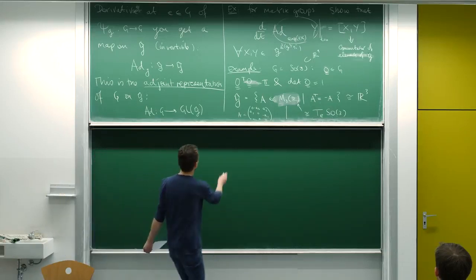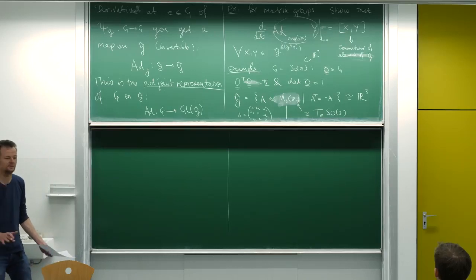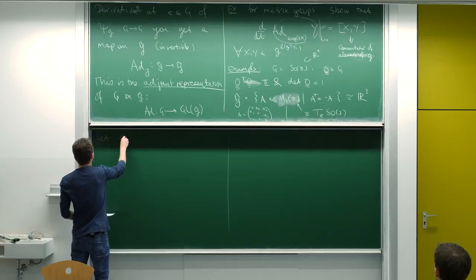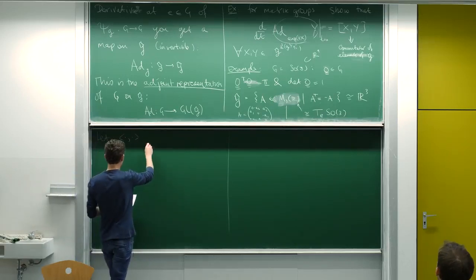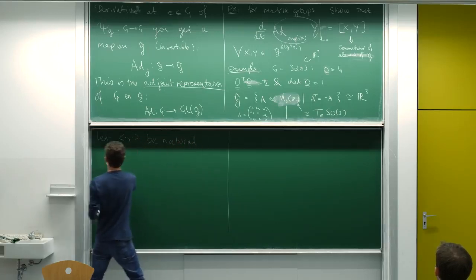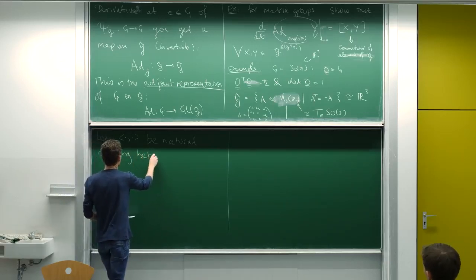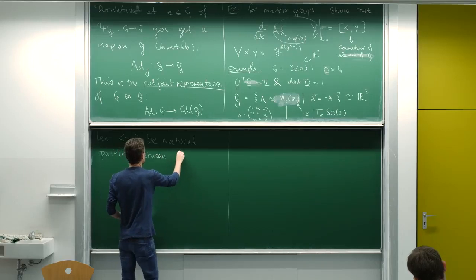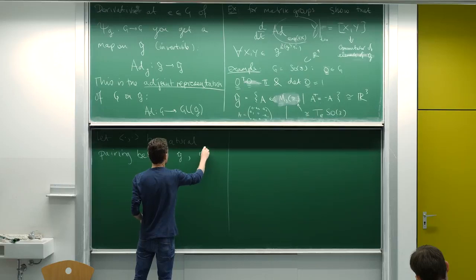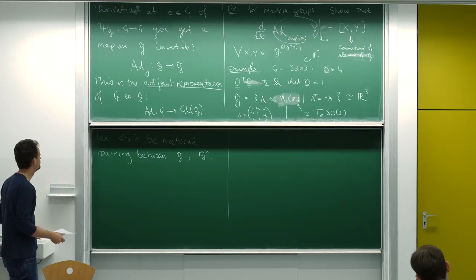So wherever you have something acting on a tangent space, you can take the cotangent space and see what happens. So there's a natural pairing between G and its dual. Let's call that angle bracket, comma.